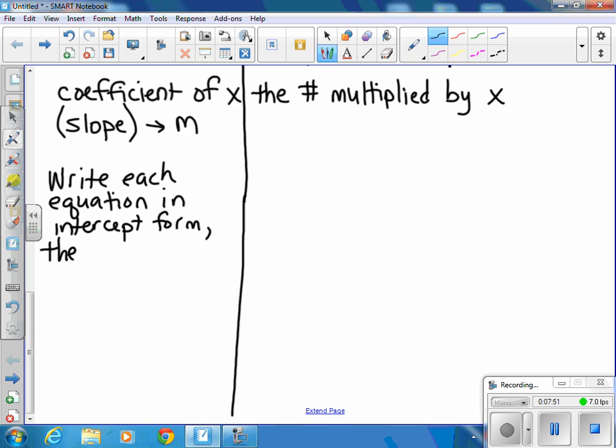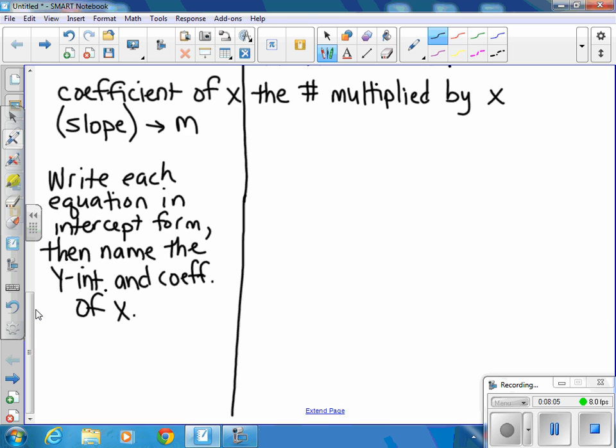Then name the y-intercept and coefficient of x. So you've got two things to do here. You're going to write the equation in intercept form, right, if it's not already there, and then you're going to turn around and identify the y-intercept and the coefficient of x.